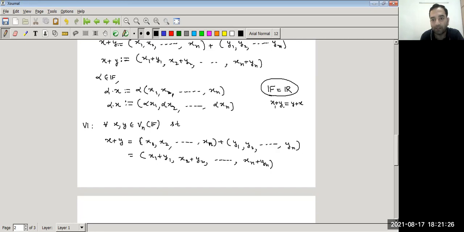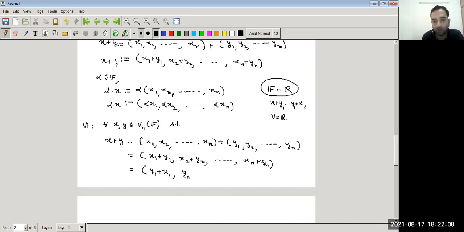So x1 plus y1 is also equal to y1 plus x1, because x1 plus y1 are real numbers and the sum of real numbers is again a real number. They satisfy the commutative property.